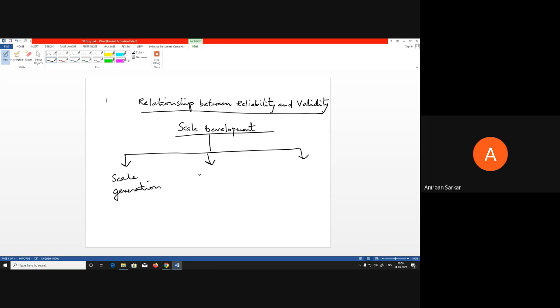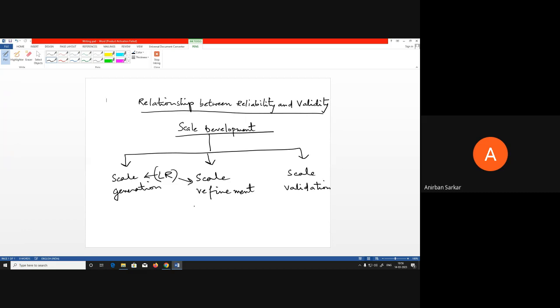Second is scale refinement. Third is scale validation. Now, what you are talking about is that from the literature review you have generated the scale. From available literature, you have generated the scale.